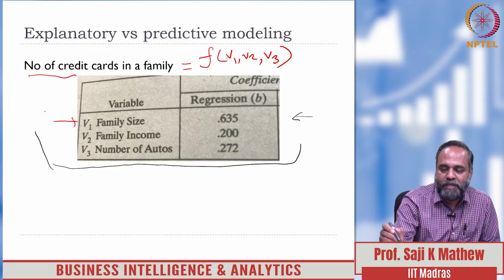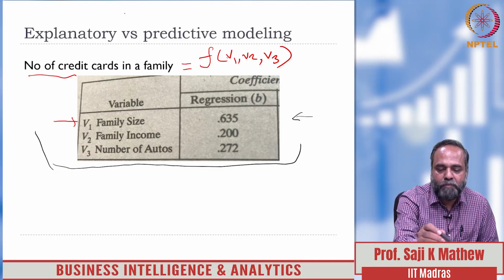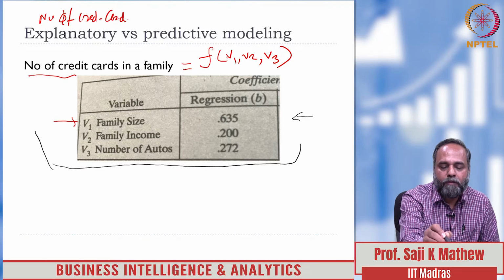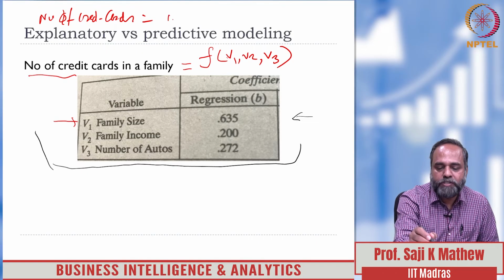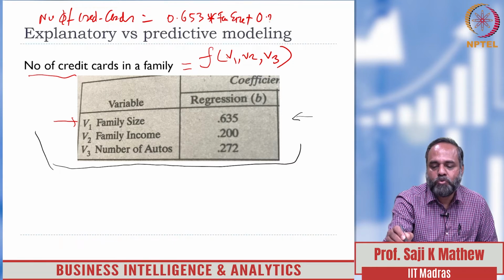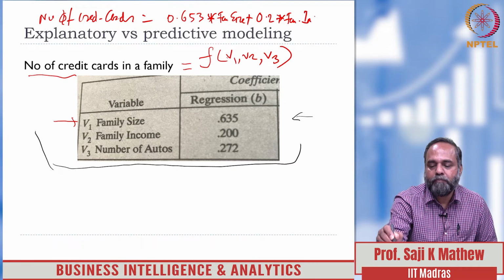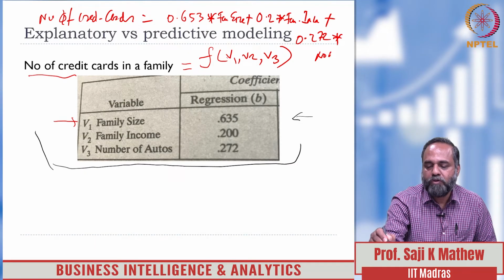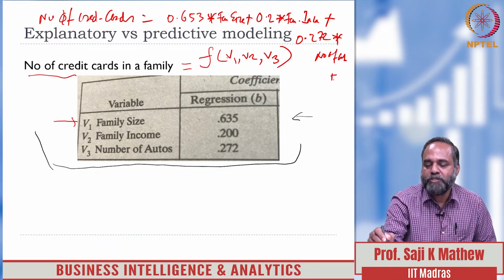Number of credit cards is equal to 0.635 into V1, which is family size, plus 0.2 into family income, plus 0.272 into number of autos. The constant is not given.